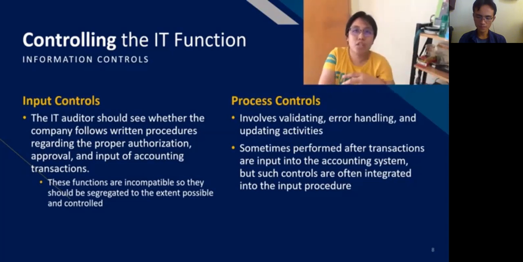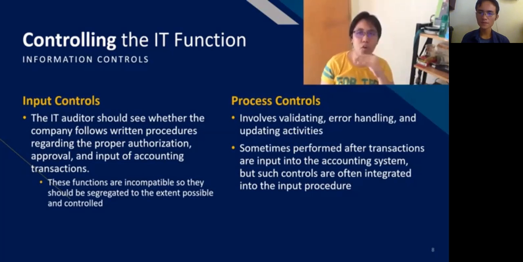It shouldn't be just one person handling these processes, but different people, since these are incompatible and should be segregated properly within the departments. IT auditors should really watch out for that so as to avoid confusion with the documents, and of course possible fraud while inputting the accounting transactions.